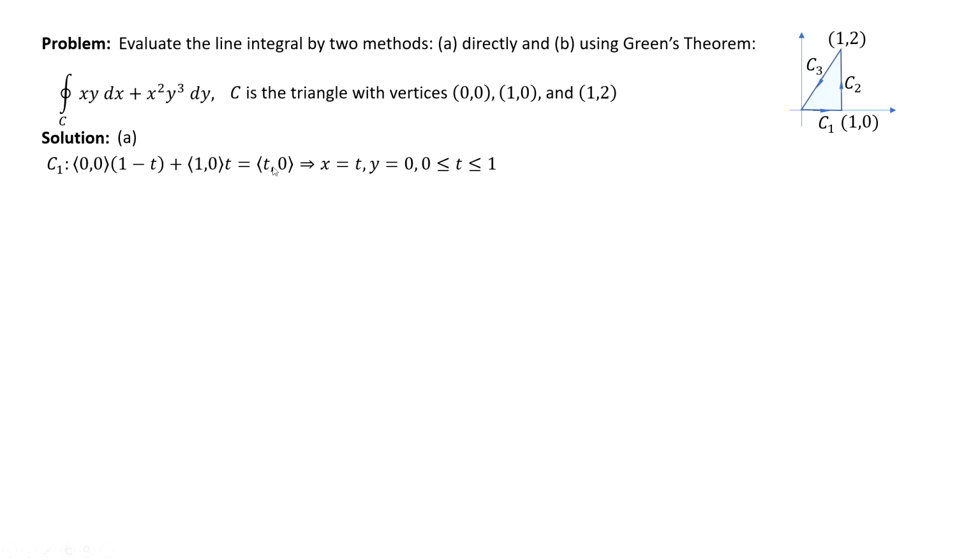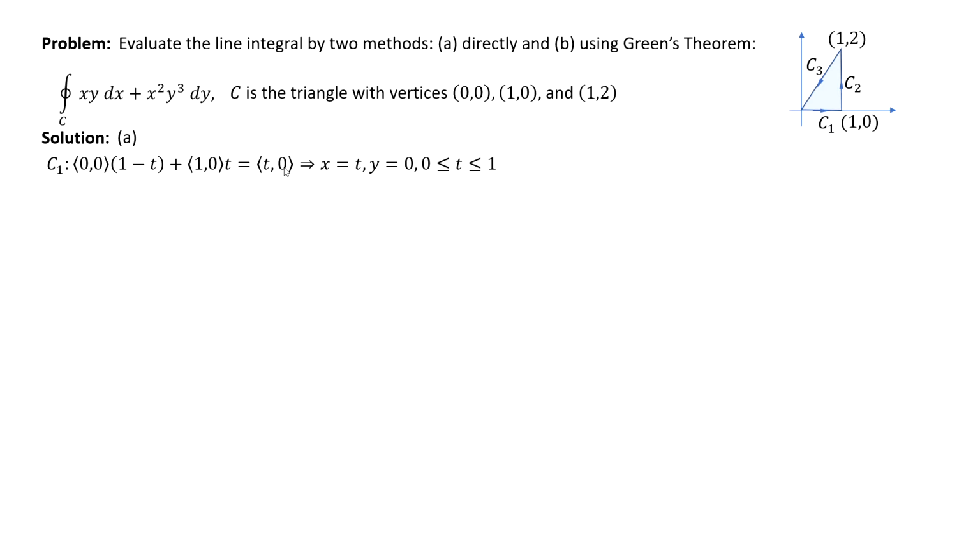Okay, cool. Let's do this. Does it become t comma 0? I'm just looking at the x components and adding them up. Isn't that how we add vectors? Add the x components, comma, add the y components. 0 times 1 minus t is 0. 1 times t is t. So 0 plus t is t. That's the x component. Y components now. 0 times 1 minus t is 0. 0 times t is 0. So 0 plus 0 is the y component, 0.